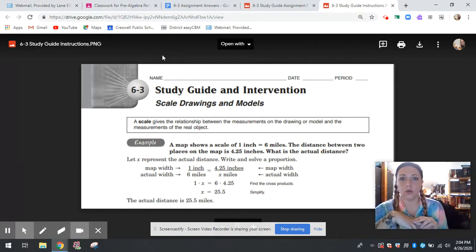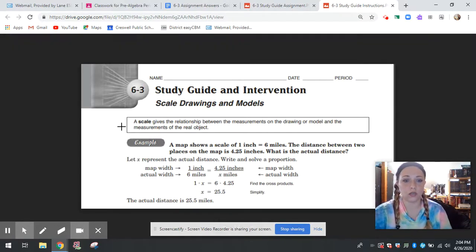So you have to look at the map's scale so that you can figure out the distance in real life. So this gives you just a definition of what a scale factor is. A scale gives the relationship between the measurements on the drawing or model and the measurements of the real object.